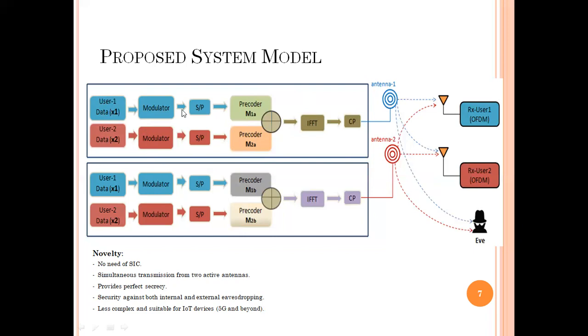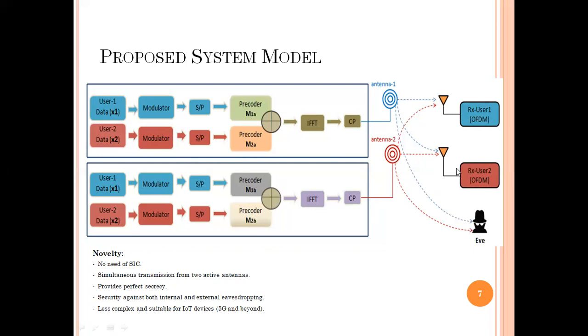That means user 1 data is first precoded, superimposed with the precoder M1A. It is also superimposed with the precoder M1B, and this information is transmitted simultaneously from antenna 1 and antenna 2. Similarly, user 2 is superimposed with precoder M2A and also with precoder M2B, and it is transmitted from antenna 1 and antenna 2 simultaneously to user 1 and user 2 respectively.